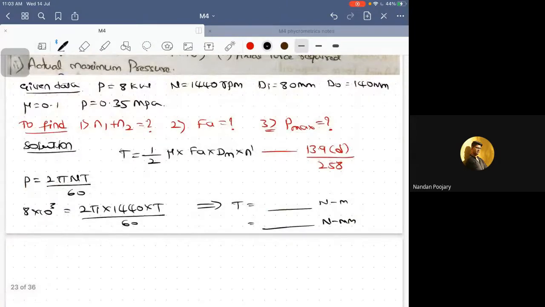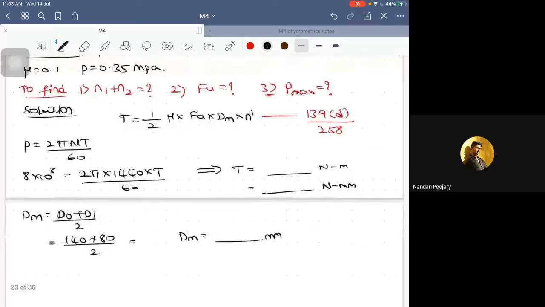Later, calculate the value of Dm, D naught plus Di divided by 2. So it is D naught is 140 plus Di is 80 divided by 2. So the value of Dm in mm. Next, calculate the value of Fa. It is pi by 2 p Di into D naught minus Di.